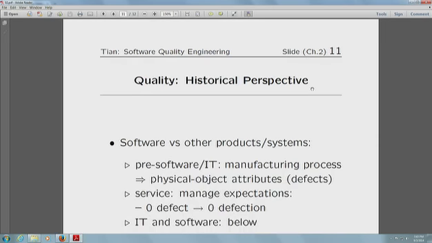And in the book there's also some kind of a historical perspective. I'm not going to go into details. Mainly we are looking at some of the things historically. When you look at the manufactured good, the main thing is that the process itself is fairly fixed.